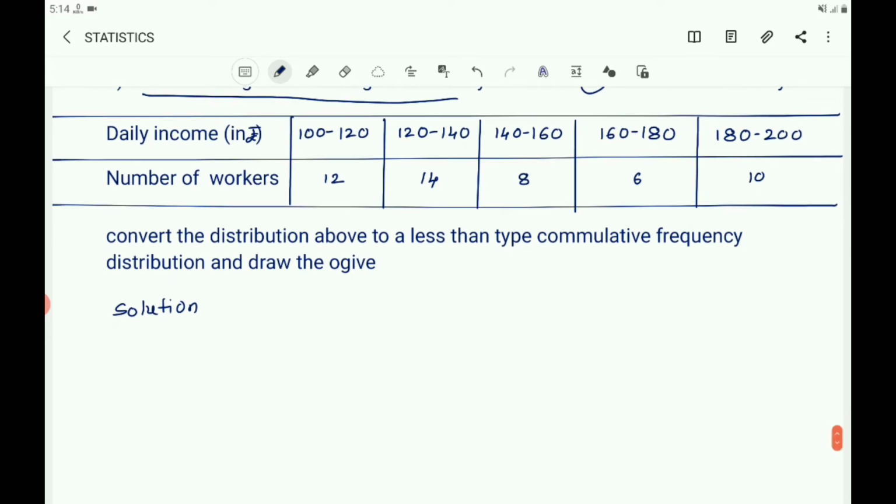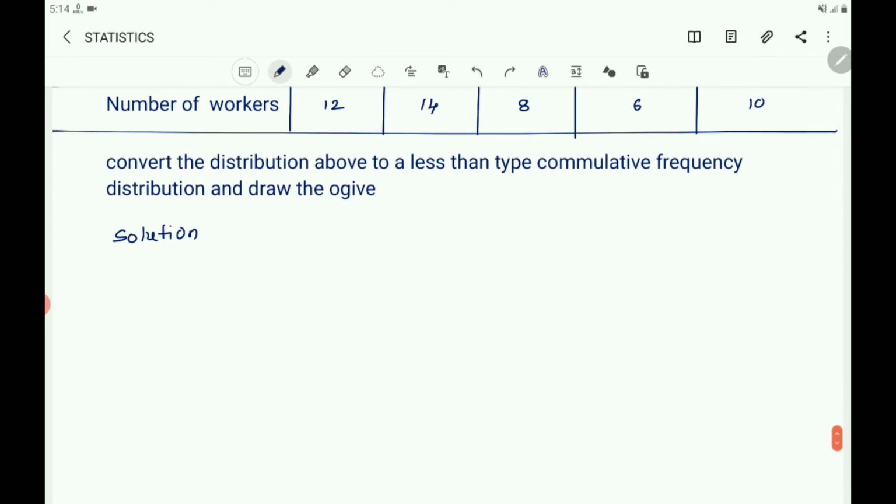So you take the upper limits, that is less than 120, less than 140, less than 160, less than 180, less than 200, and the cumulative frequencies. First you write the less than type cumulative frequency distribution.